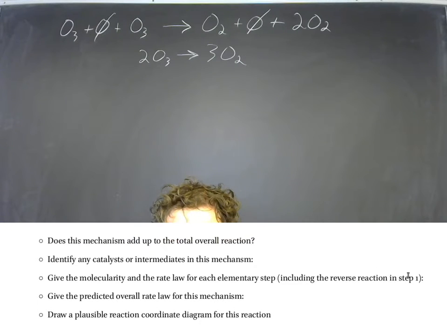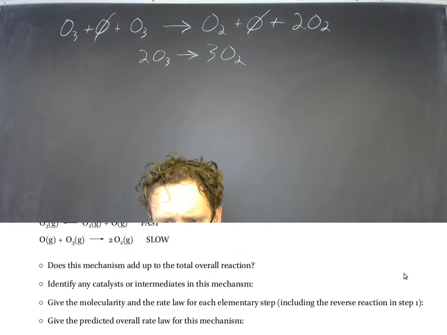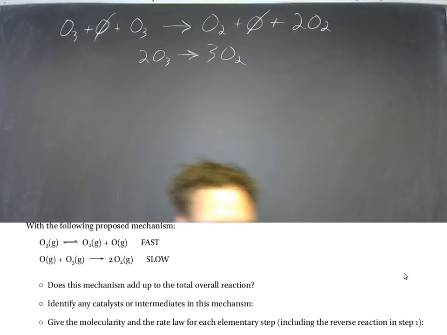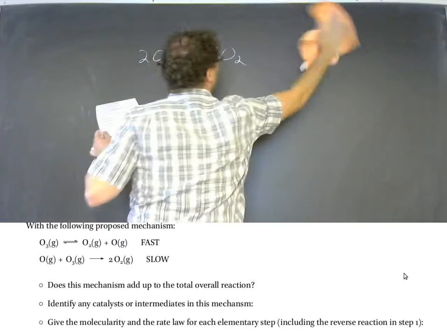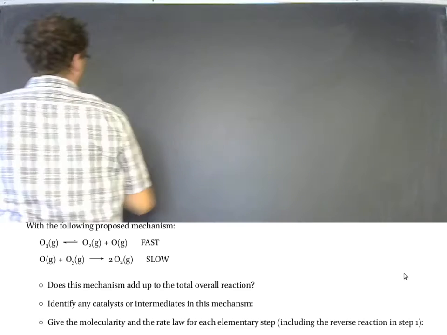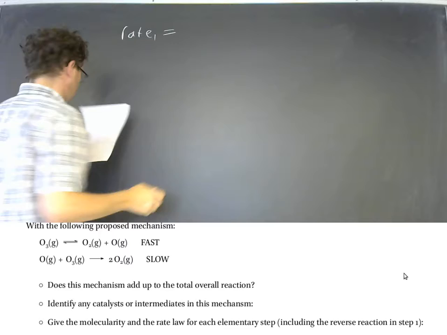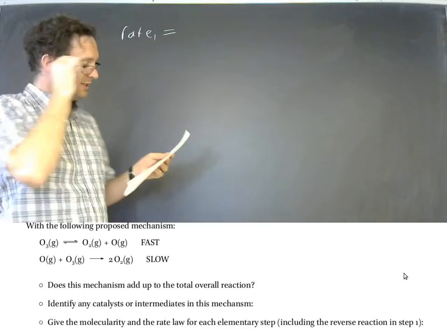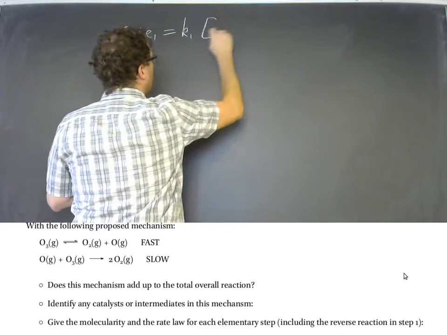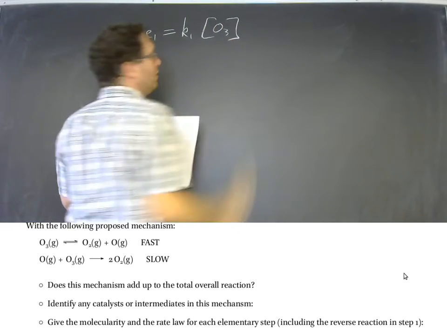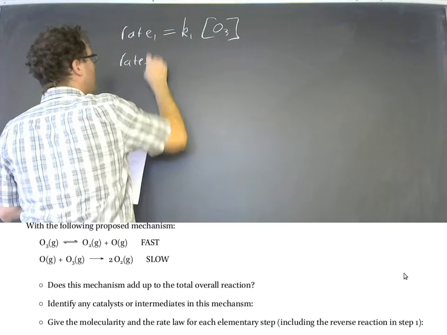Give the molecularity and the rate law for each elementary step, including the reverse reaction in step 1. So, let me erase this. We'll have rate 1. This is a unimolecular process because we just have the one ozone there. So that's going to be k1[O3], unimolecular. And then we've got rate -1.